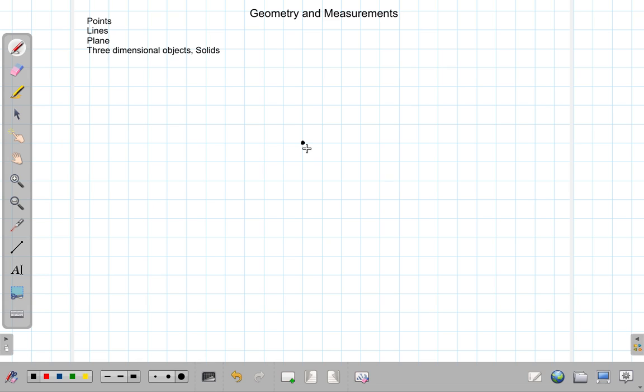Now, the next thing we want to look at is the line. Suppose we put another point here, right? Then we can have a series of points, an infinite number of points that really travels the shortest distance between those 2 points.